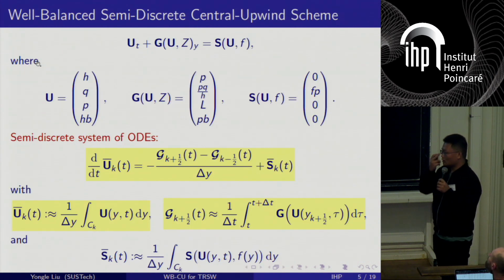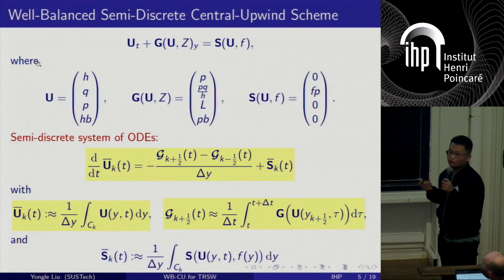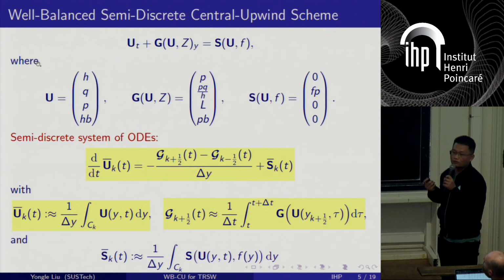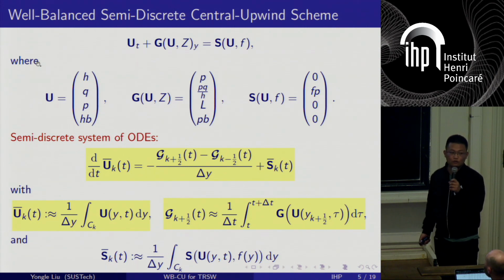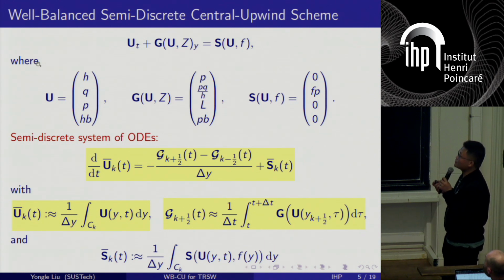To develop such schemes, we first rewrite the system into a vector form, U_t plus G_x equals S. Here, U is a vector including the conservative variables, G is our flux function, and S is the source term. We derive Godunov-type finite volume methods. We do the space and time integration over the control volume, and we obtain the following semi-discrete system.